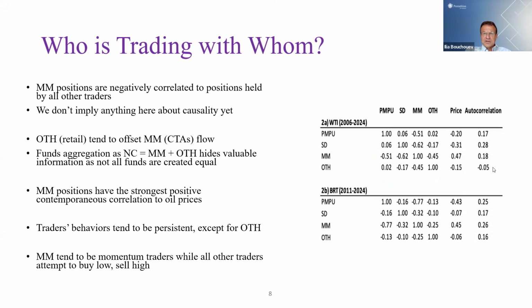So, real quick, who is trading against whom here? On a high level, everybody trades against managed money. You can see the correlation over the long period since the introduction of these reports. Over the long period, the hedge funds are negatively correlated, both in WTI and Brent, pretty much to everybody.